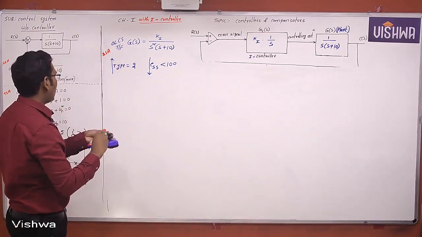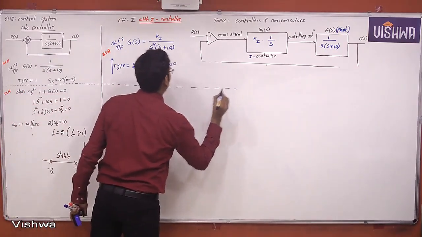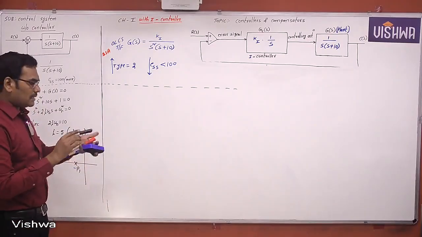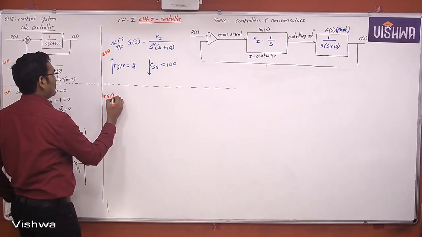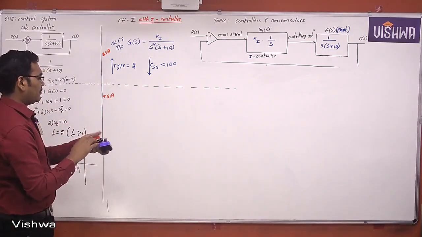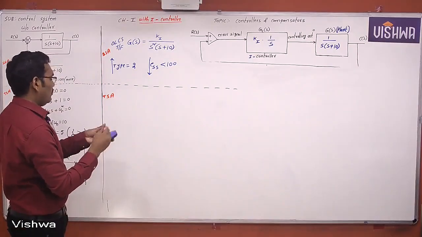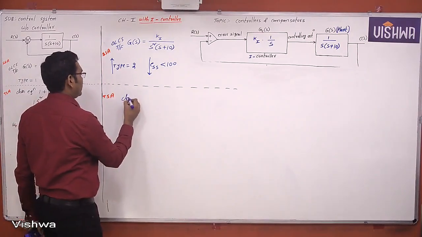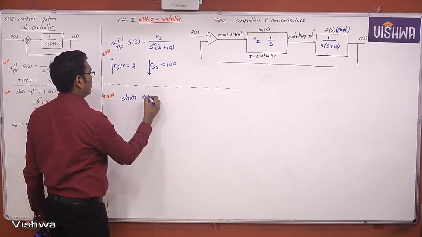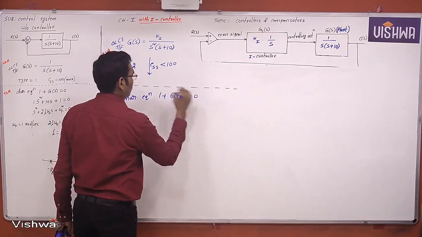Then what about the transient state behavior? What about the actual response? If you want to do the transient state analysis, then we want to find the characteristic equation. What is the characteristic equation? The characteristic equation is 1 plus G of S equal to 0.